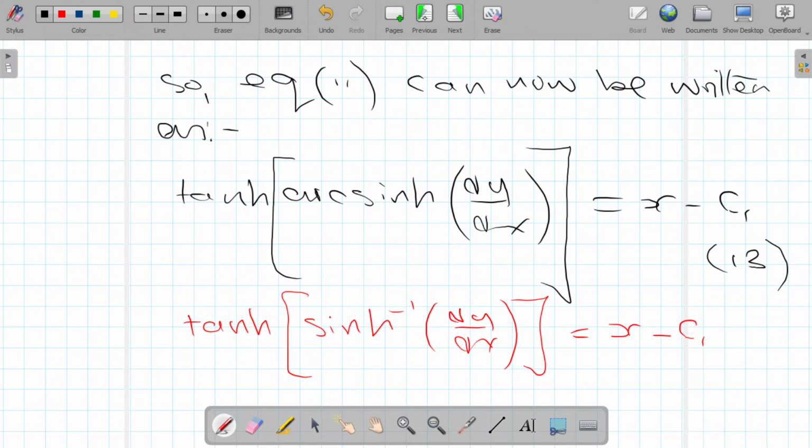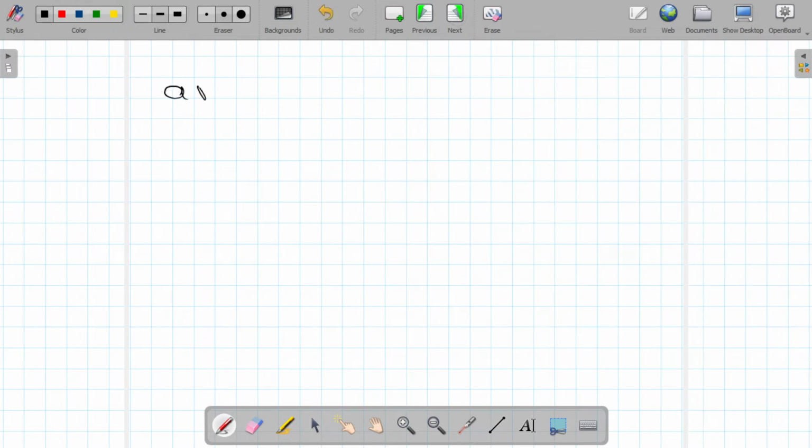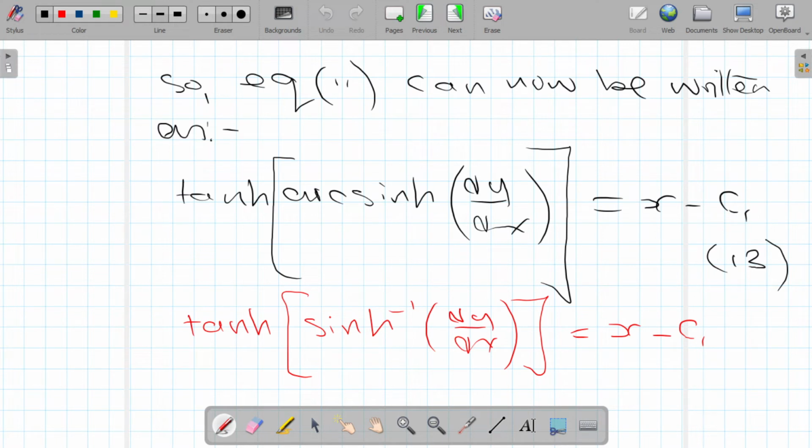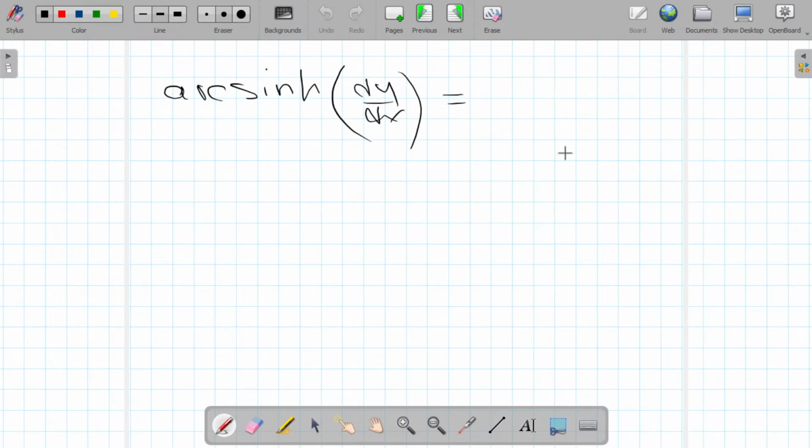So what we are left with on the left-hand side is just arcsinh of dy by dx, and that is equal to the inverse tanh of x minus c1.